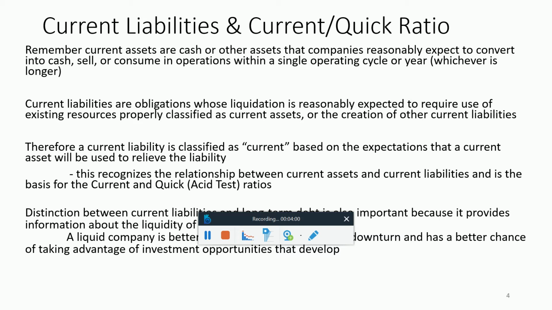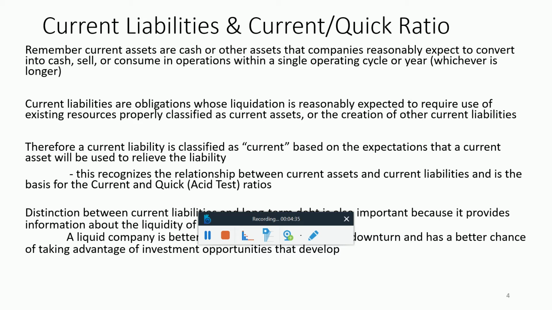If you think back to Accounting 310, a current asset was cash or some other asset, could be accounts receivable, it could be inventory, it could be prepaids, that a company reasonably expects to be able to convert into cash, to sell, or to consume in the operations of its business within either a single operating year or a calendar year, whichever happens to be longer. So in defining a current liability, it's really based upon the definition of a current asset.